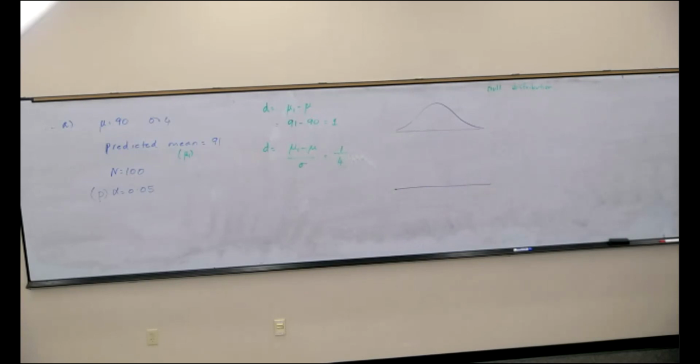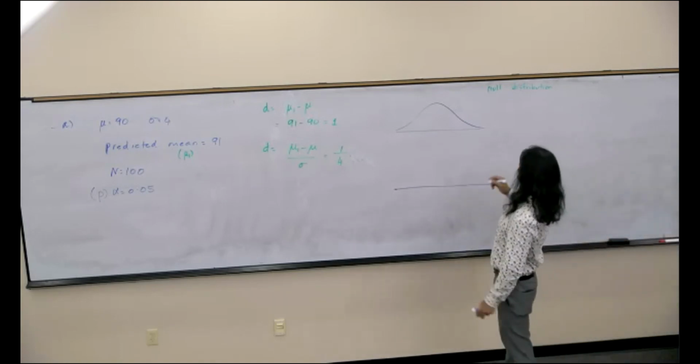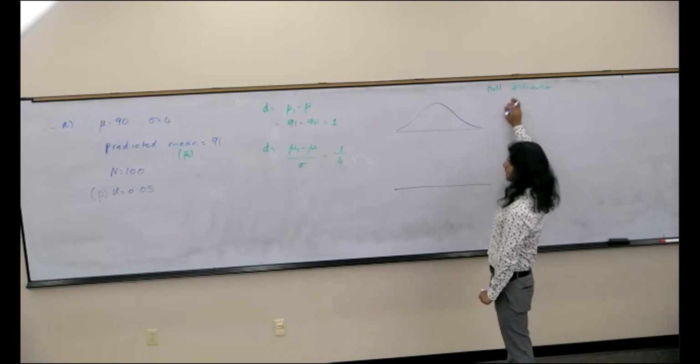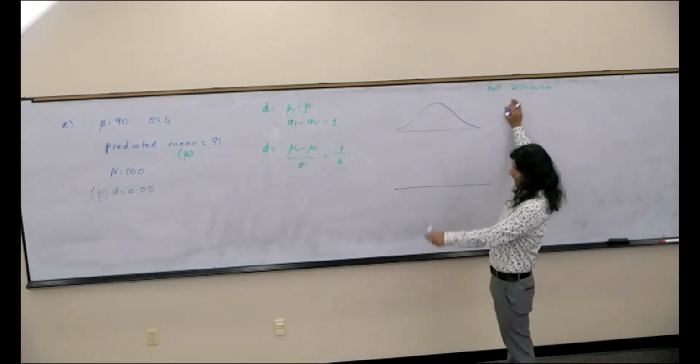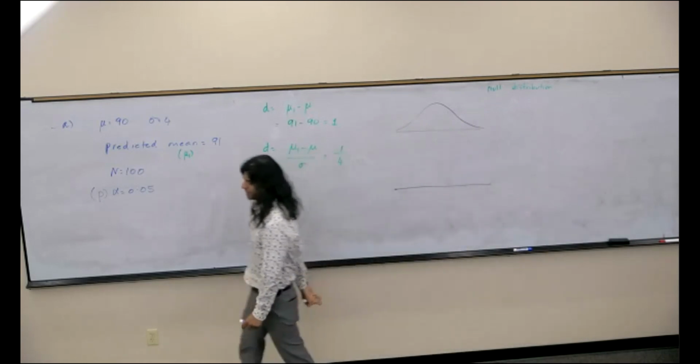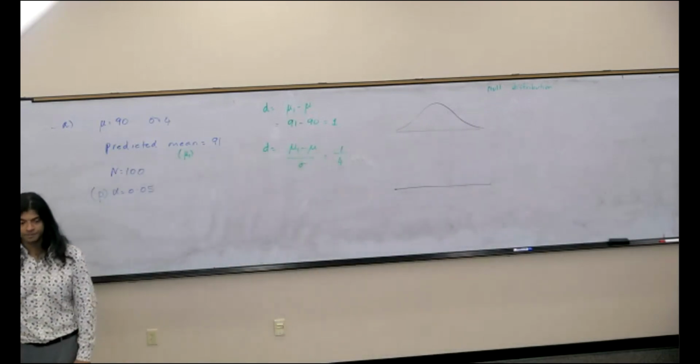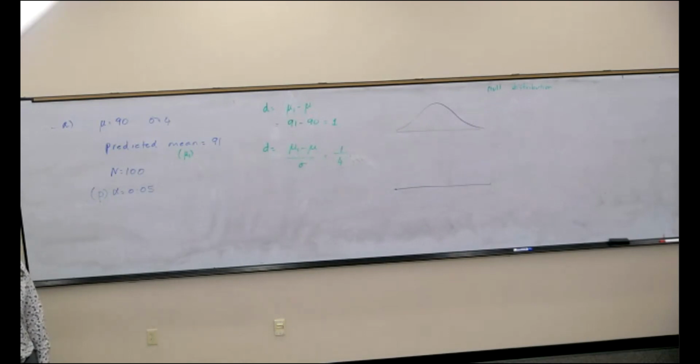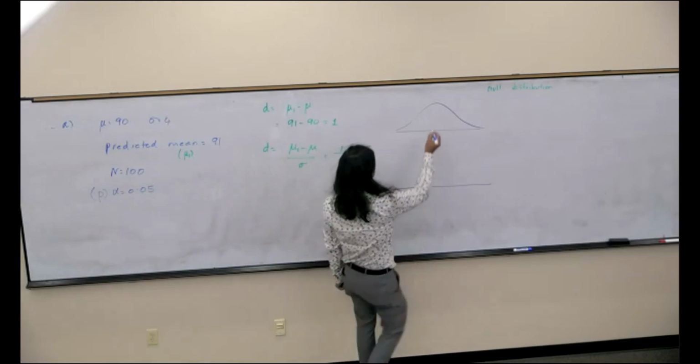The null distribution is also known as comparison, reference, etc. So in this case, our reference distribution is centered at what value? 90, very good. So the reference distribution is 90.